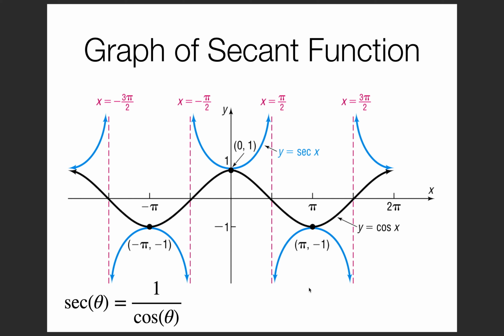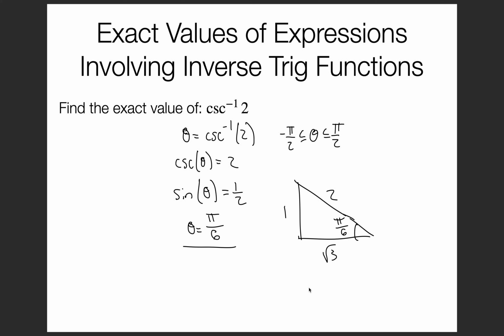Great. What's even better is that cosecant is the reciprocal of sine, and so sine of the angle theta is equal to 1 over whatever cosecant was, which is 2, and so sine of theta is equal to 1/2. Okay, great.